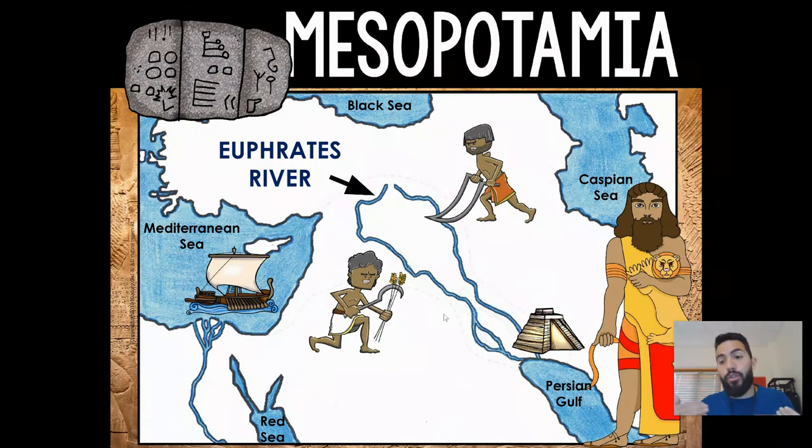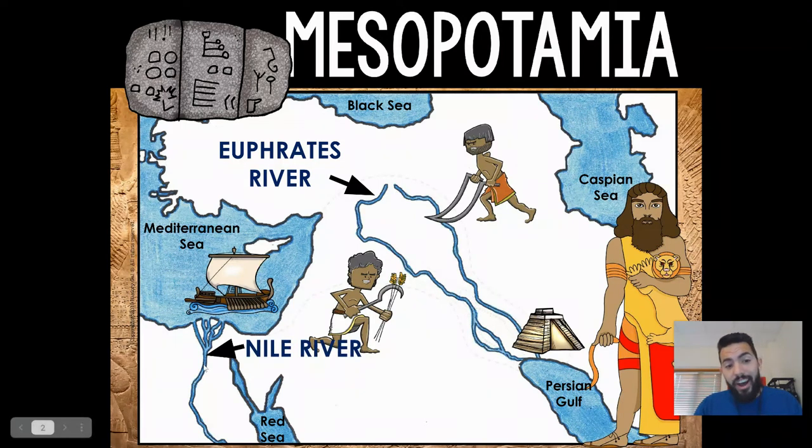Mesopotamia is going to be that first human civilization that actually sat down and started building up their cities. It's going to be impossible for this civilization to arise and actually be as famous and popular as they were without the Euphrates and the Tigris, but I'll talk about the Tigris in a minute. Down here, you have the Nile River.